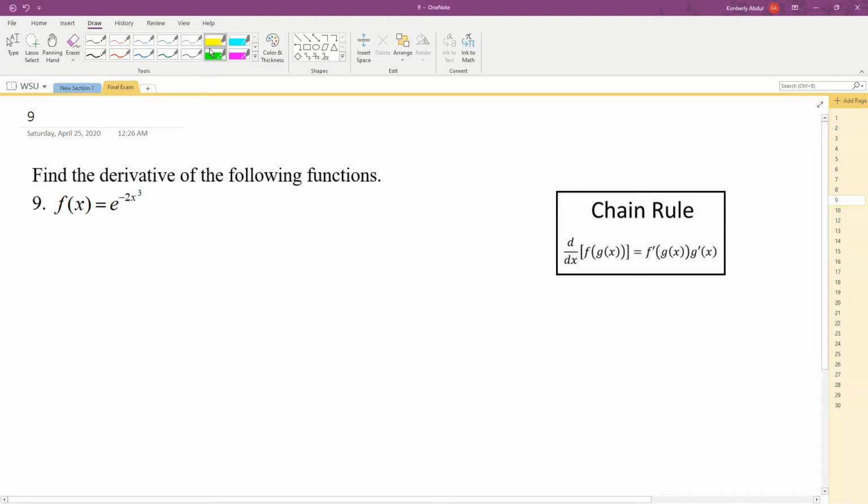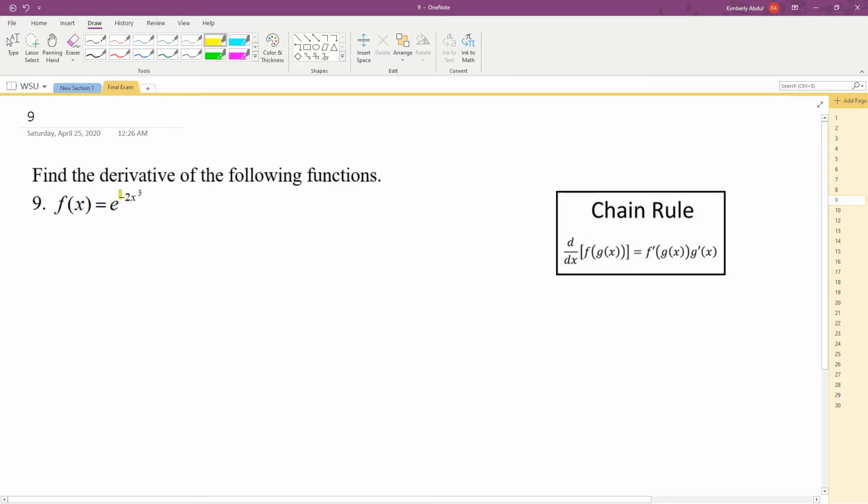All right, so for this problem, we're going to use chain rule again. Again, the notation for chain rule can be a little bit confusing at times because we need to figure out which function is the outside and the inside. So I'm going to use highlighter to try to make it a little bit more obvious.